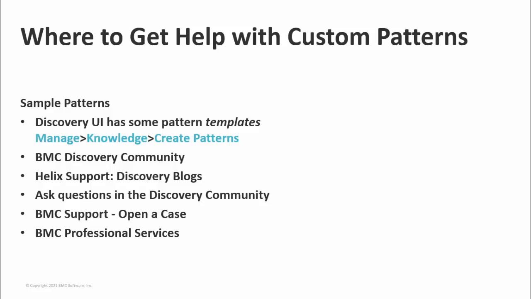Again, you can ask questions in the community. You could open a support case. Depending on what kind of help you need with your customization, we might or might not be able to help you. If you have a large project, you can contact BMC Professional Services. If you open a support case for a very large statement of work, we will tell you to contact the professional services.